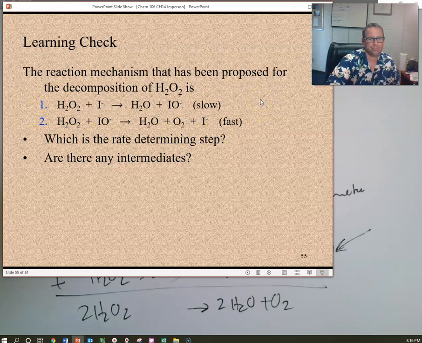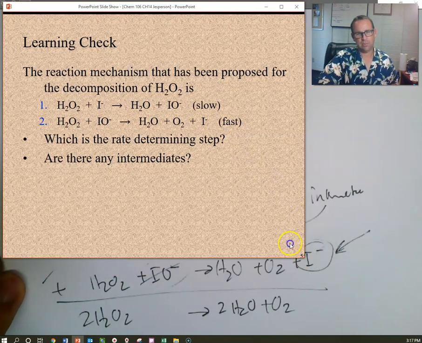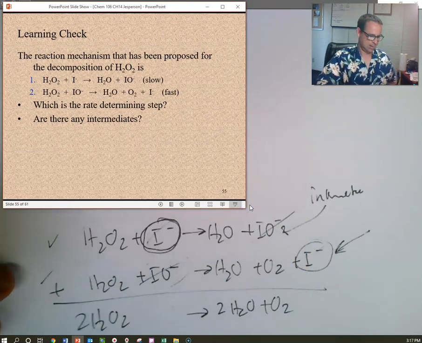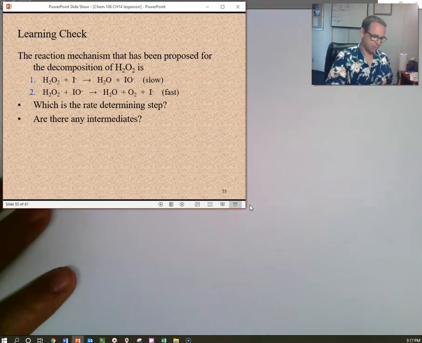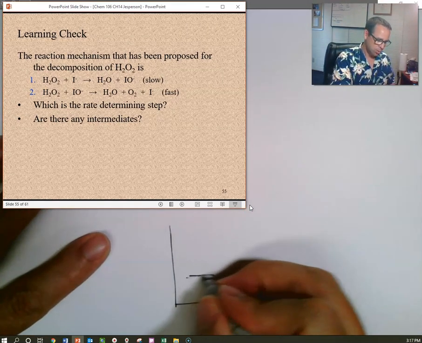How do we know? It says it's slow. You said the slowest one has the greatest activation energy. Very good. Which is the rate determining step. Perfect.